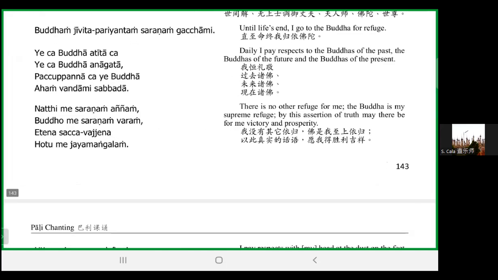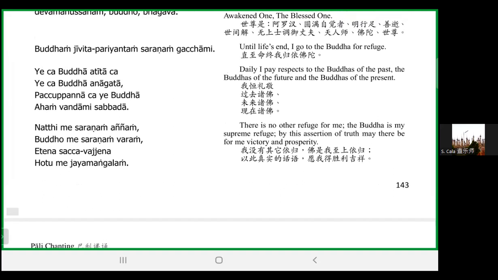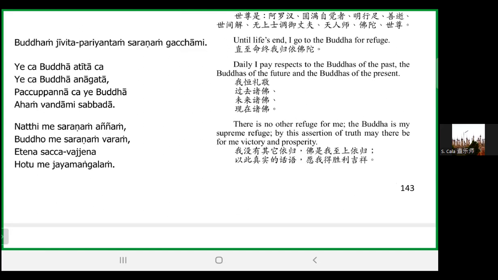Okay, I think I show you how to chant. Ye ca Buddha atita ca, ye ca Buddha anagata, paccuppanna ca ye Buddha, aham vandami sabbada. All right. Do you find any verb here? Maybe ask one. Janet, do you see any verb here? Any action?